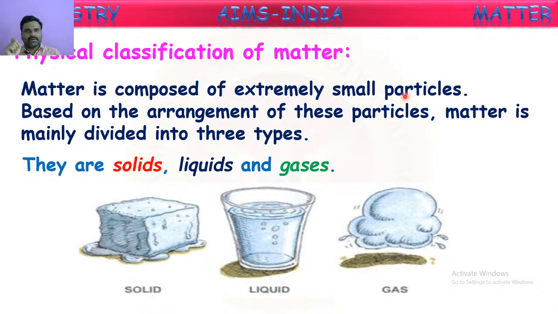The smallest particle of a matter, which we cannot break into smaller pieces further, is called a molecule. Based upon the arrangement of these molecules, matter can be mainly divided into three types: solids, liquids, and gases.